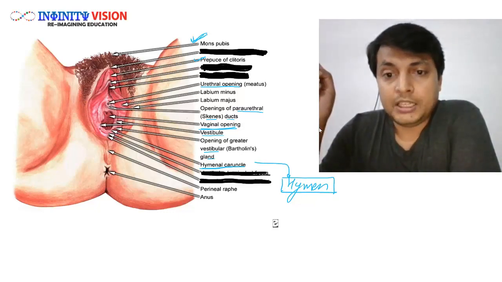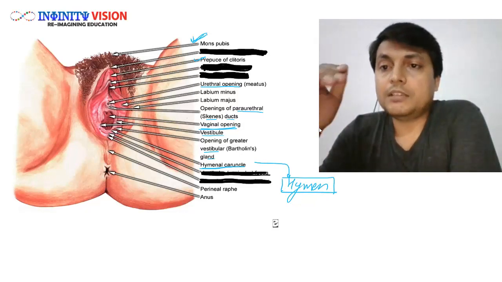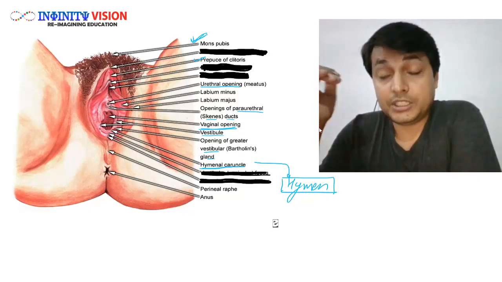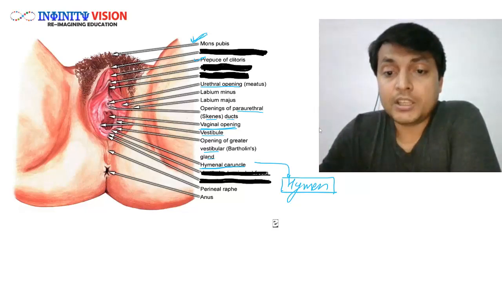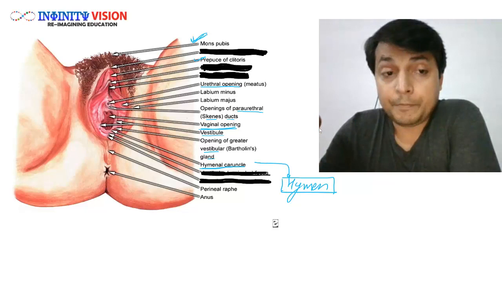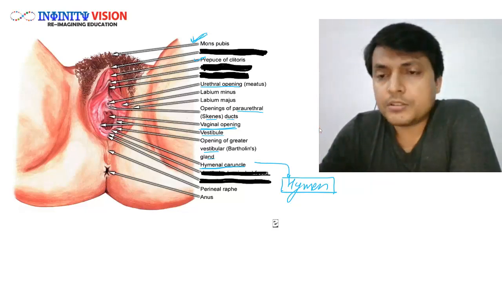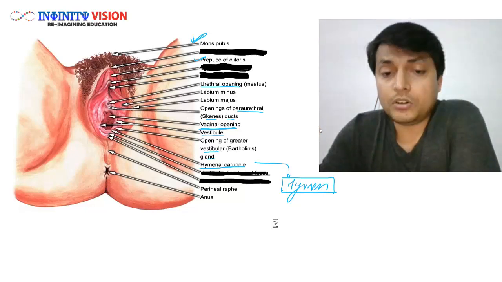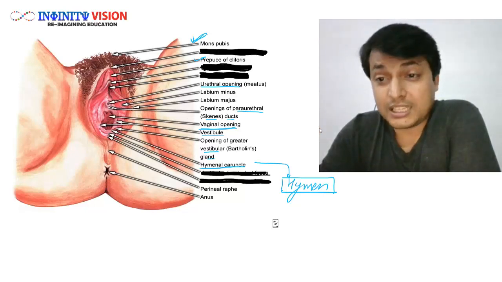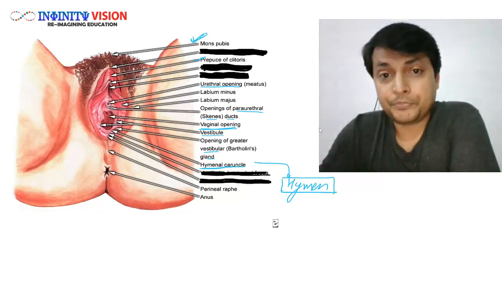Now, it is not appropriate to treat hymen as the virginity test. The reason being, this hymen is a very fragile flap of skin, and it may rupture on its own during sports like cycling, horse riding, or even football playing.